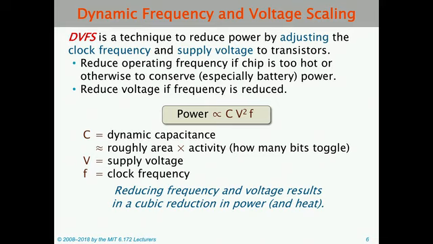And the second thing it can do is reduce the voltage if the frequency is reduced. When you're running slower, you can actually get the same reliability of switching with a lower voltage.